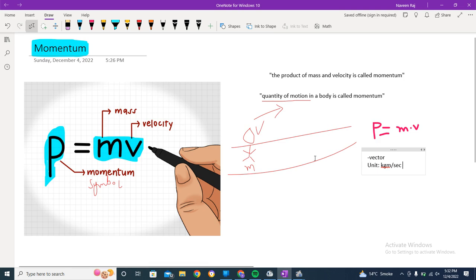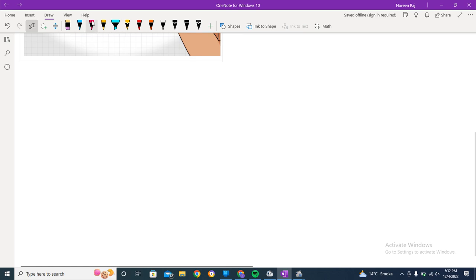Now let's look into a new concept, which will give you a new formula that is also very important. If we use Newton's second law of motion, what does it say?